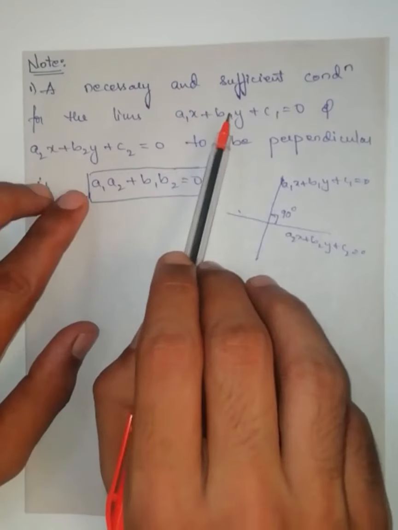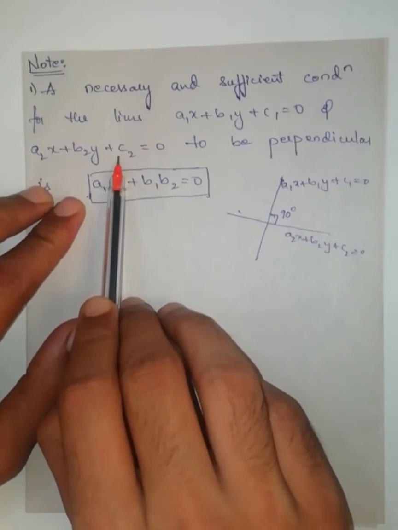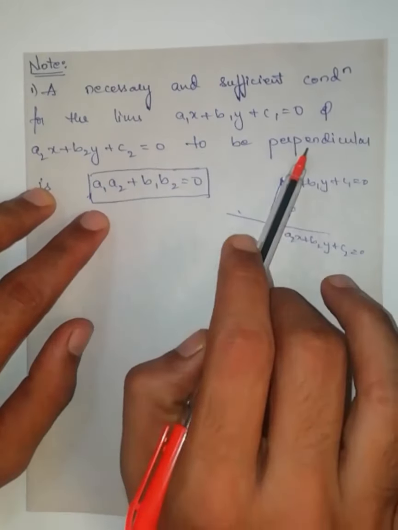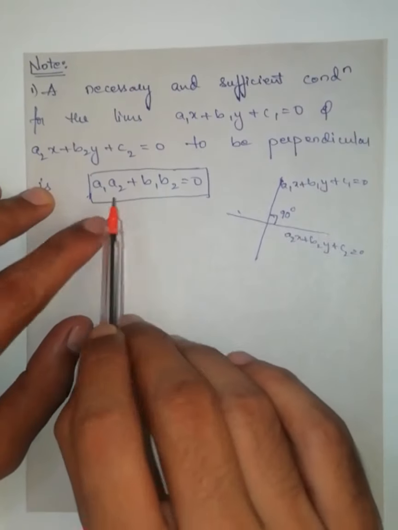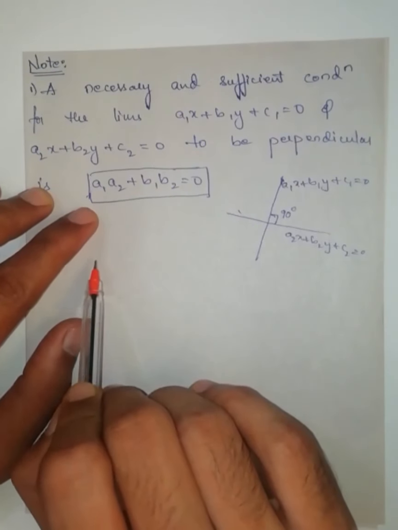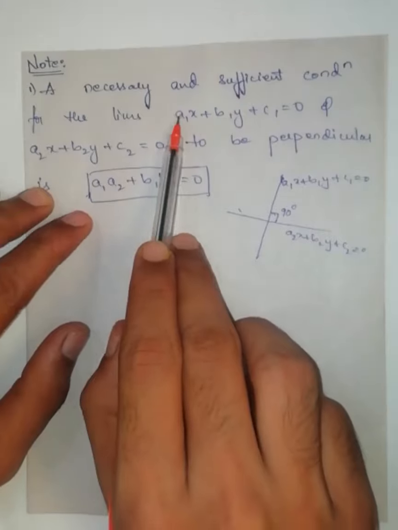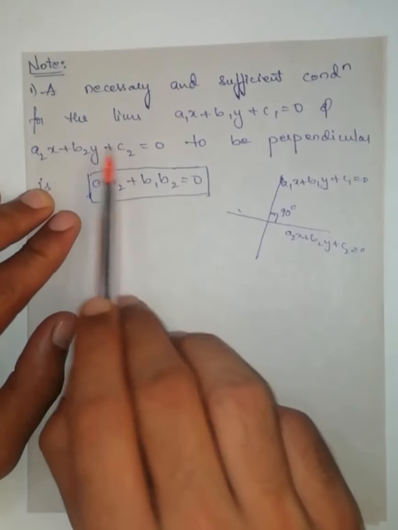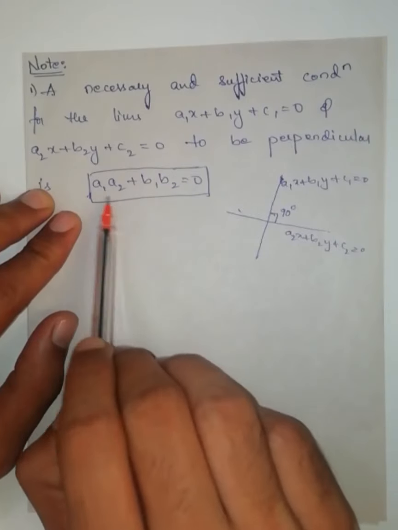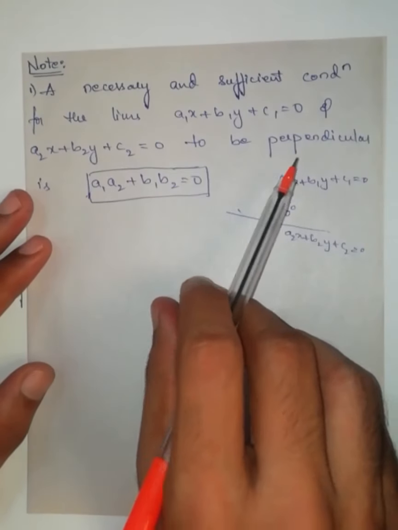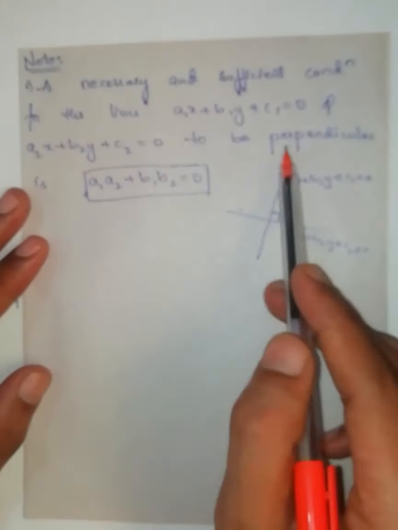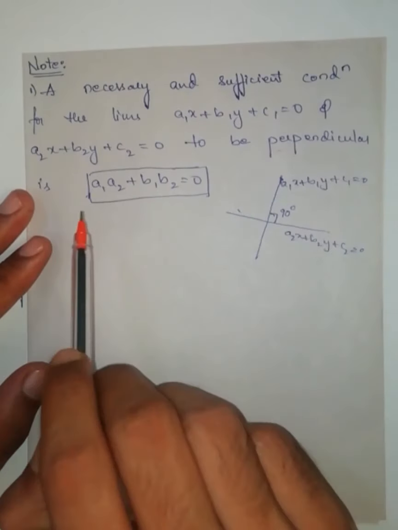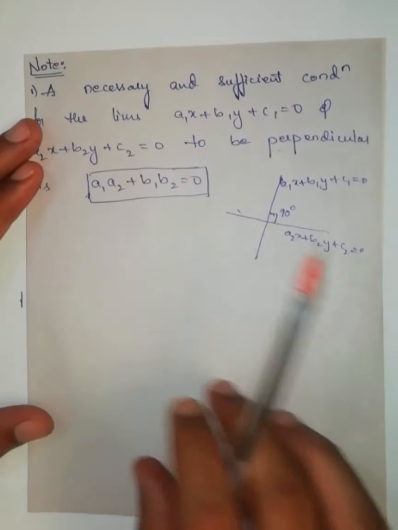Then just by seeing the two lines, we can check whether they are perpendicular using this condition. I multiply a1 and a2, and b1 and b2, and add both. If this value becomes 0, then directly I will say that these two lines are perpendicular.